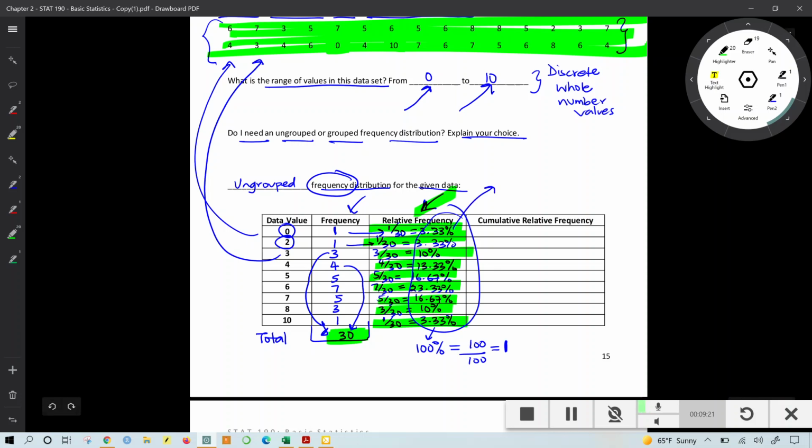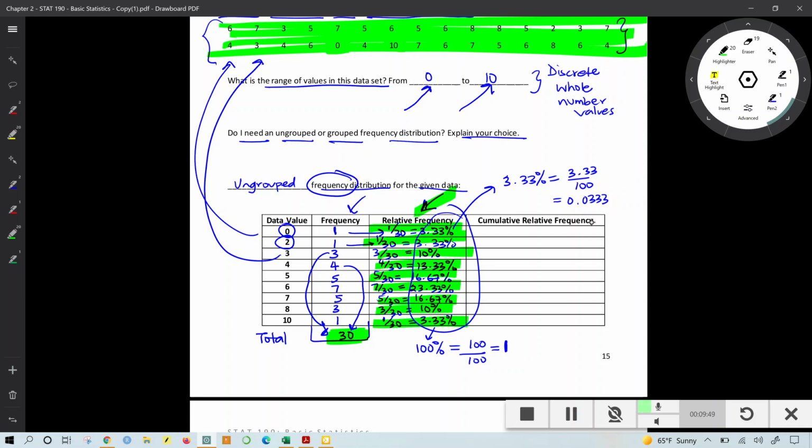Also note that each of the relative frequencies, like 3.33%, actually represents a ratio or a decimal, which is 3.33 divided by 100, and that is 0.0333. So this can also be an alternative representation of your relative frequency using just decimals.